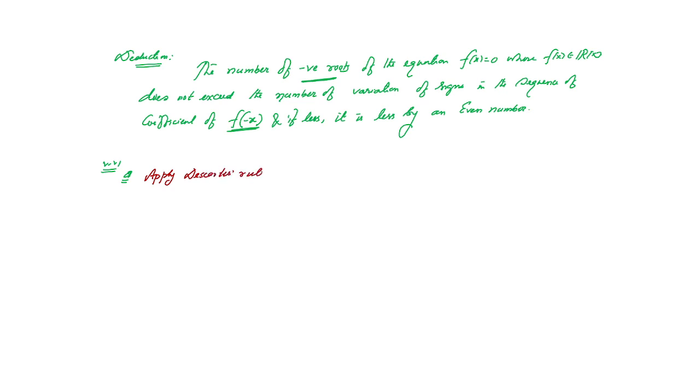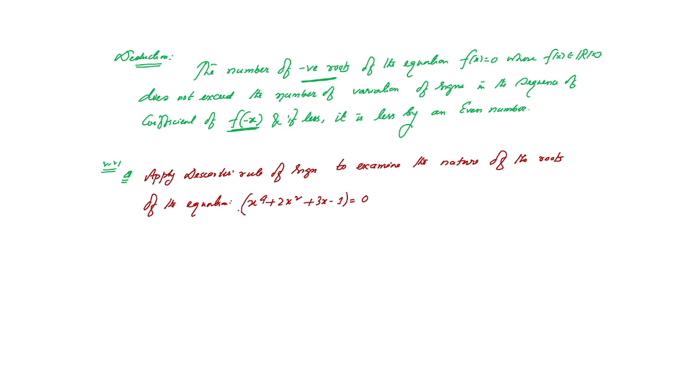Apply Descartes' rule of sign to examine the nature of the roots of the equation x to the power 4 plus 2x square plus 3x minus 1 equals to 0.